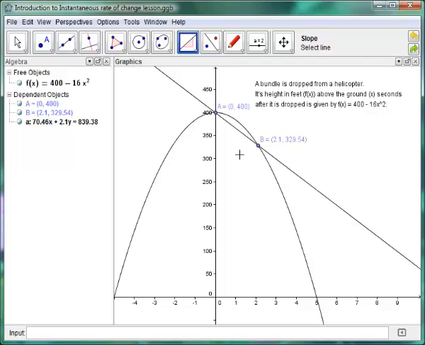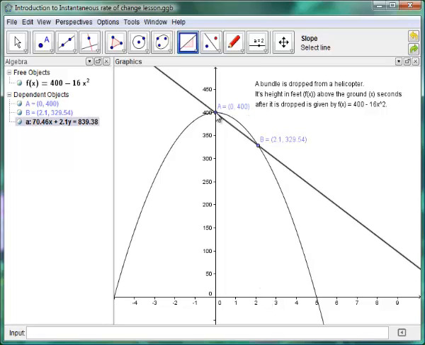So, supposing I wanted to find exactly how quickly it's falling here, and not just an average rate of change, because if you look right along the curve here, it looks like it's going down a lot faster than this line is going down. This line just gives us overall, between this point 0 and this point 2.1, how quickly it was falling.